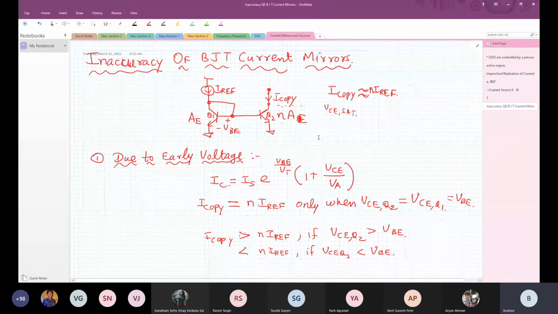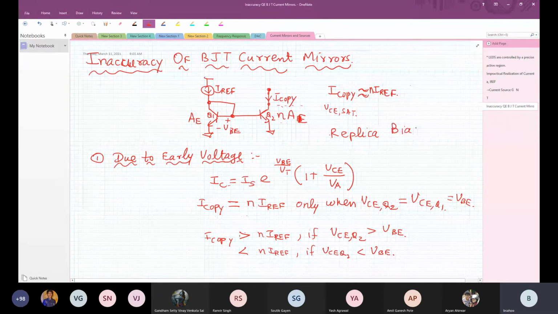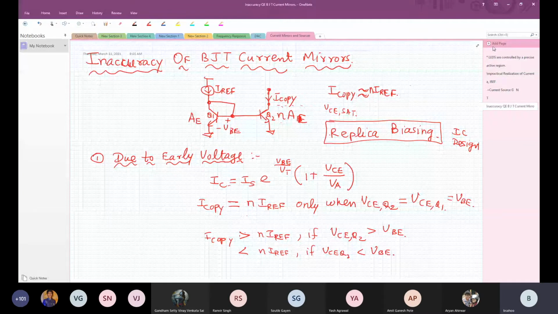Duplicating Q1 multiple times to realize Q2 is called replicating the same circuit, or replica biasing. This is not really replica biasing, which will be introduced in an advanced course. This is a very common technique used in IC design, not so much in discrete component design.